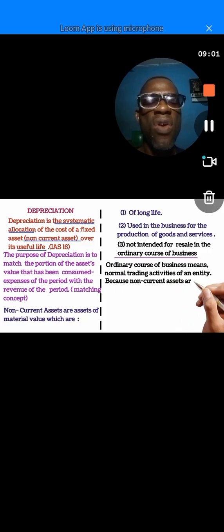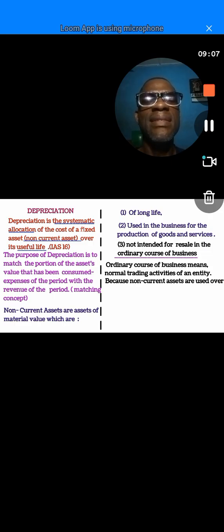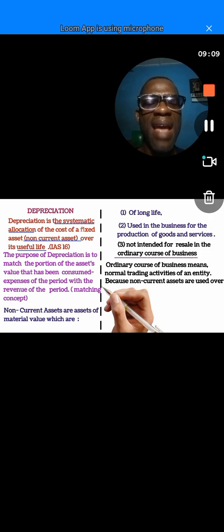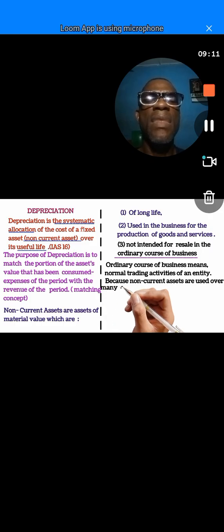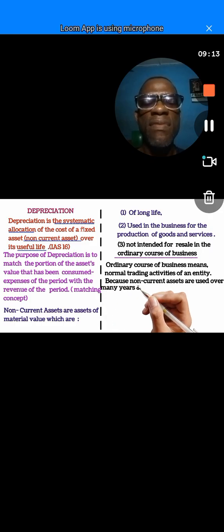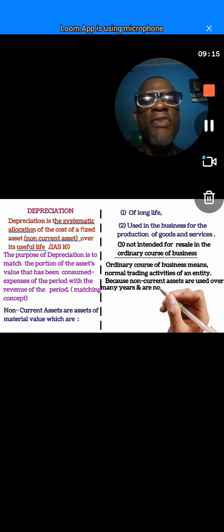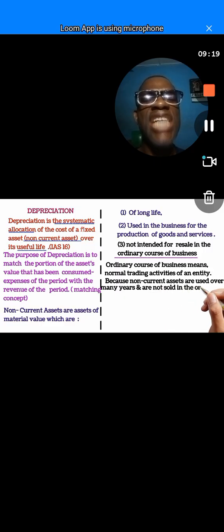And because non-current assets are used for many years, their costs are written off in the profit and loss account as a non-cash expense.